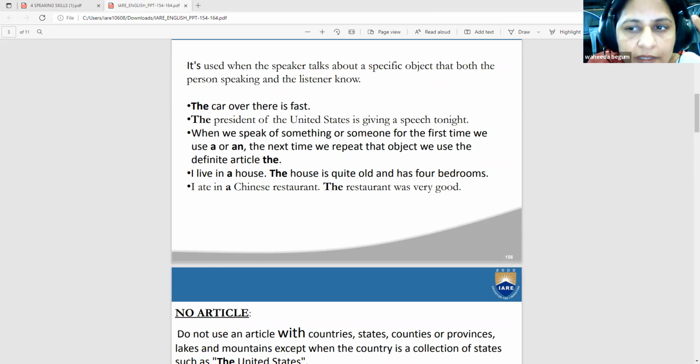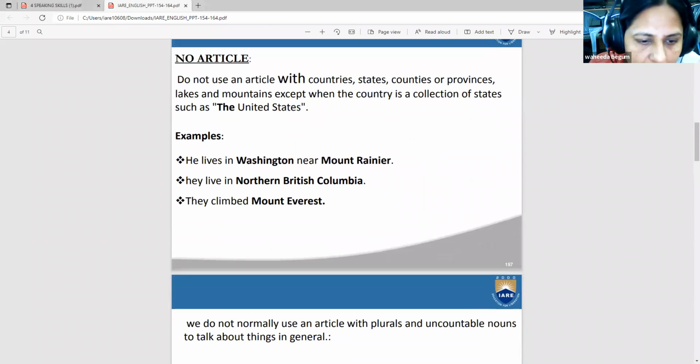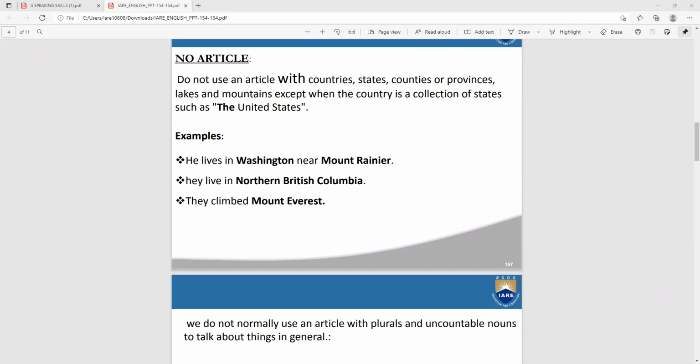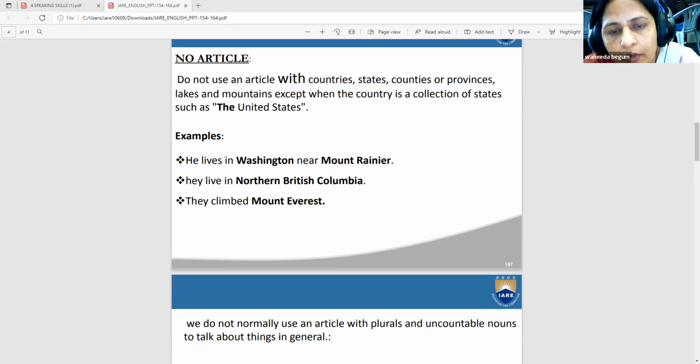These are the 12 rules, or 12 ways, that we use the definite article the and the indefinite article a, and then we have the no article, the omission of an article. In some cases it is mandatory to use the article.